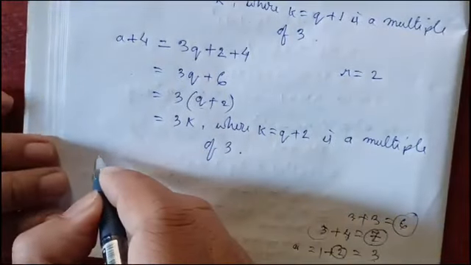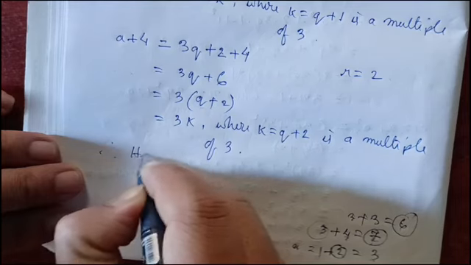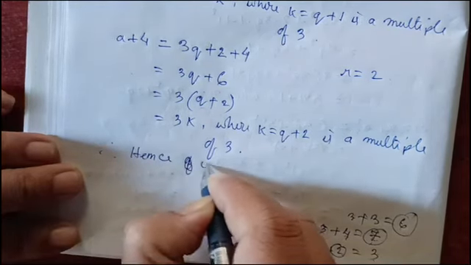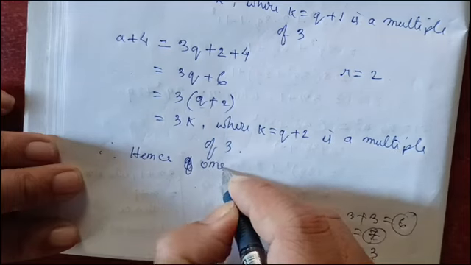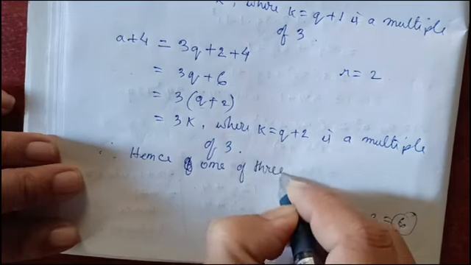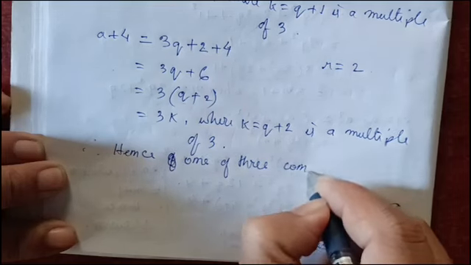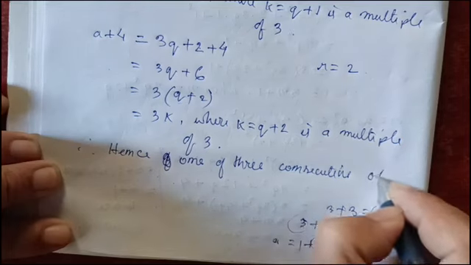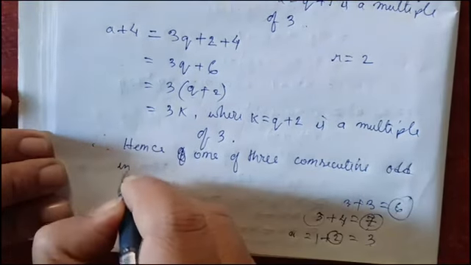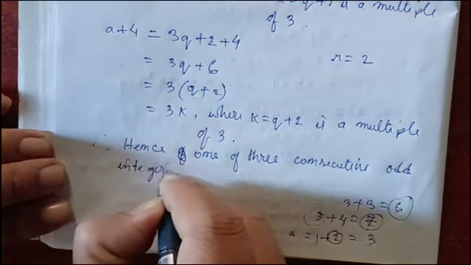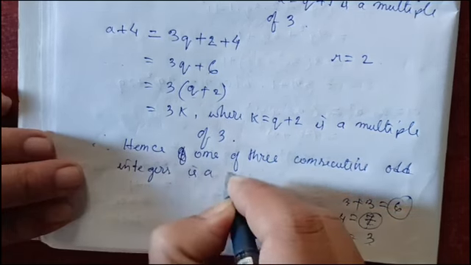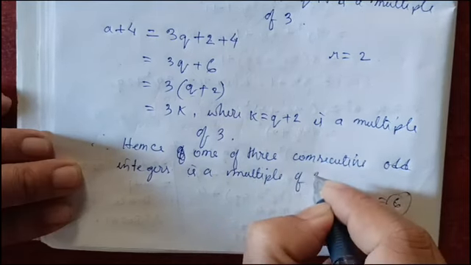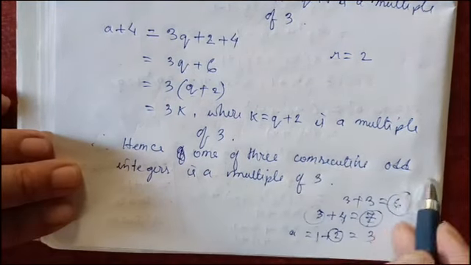Okay, so you can now write the conclusion. Hence, one of the 3 consecutive odd integers is a multiple of 3.